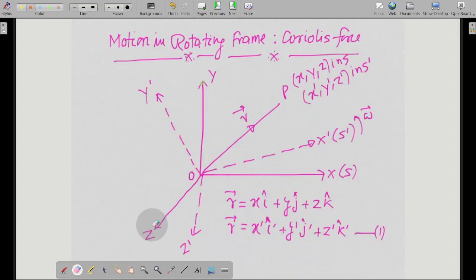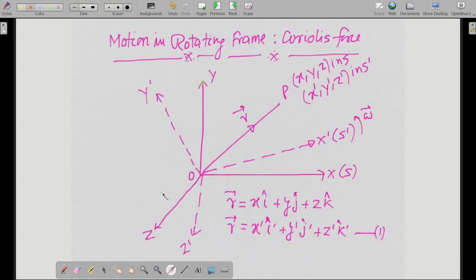And what will be your y prime? dy prime by dt will be the rate of change of y prime coordinate with respect to S prime frame, right? And the rate of change of z prime coordinate with respect to S prime frame will be dz prime by dt.